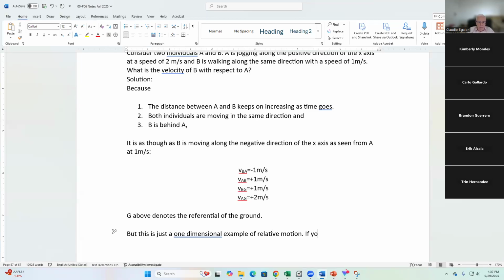Okay, if you want to do a more generic type of motion that involves two dimensions, things become more complicated, okay?